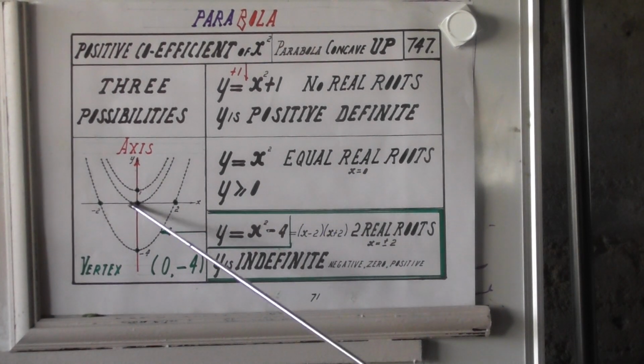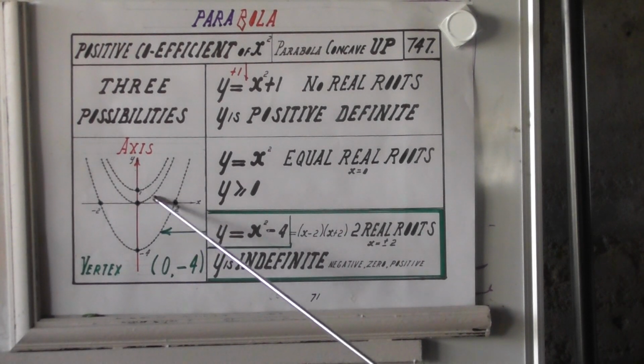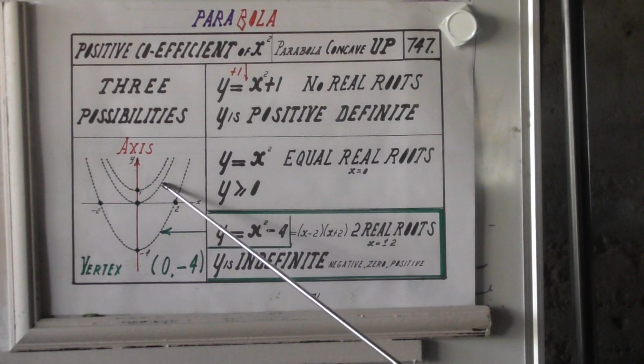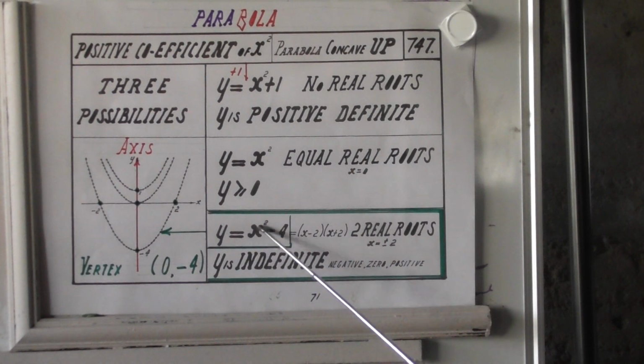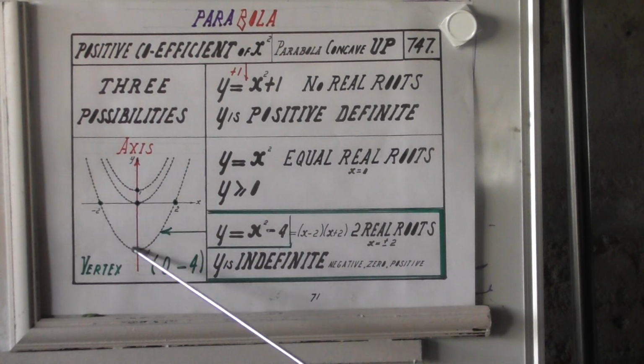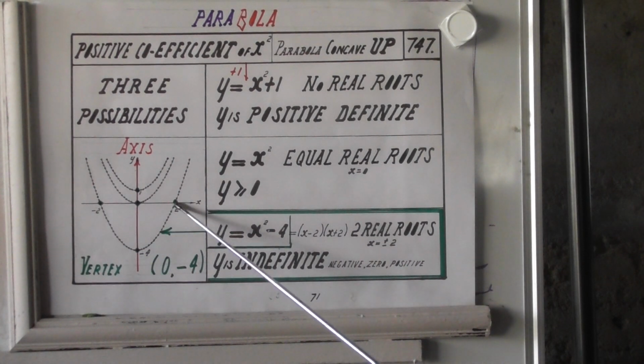If x is naught, y is naught. If x is 1, y is 1. If x is 2, y is 4. If x is naught, y is negative 4. If x is 2, then y is naught. That's the root.